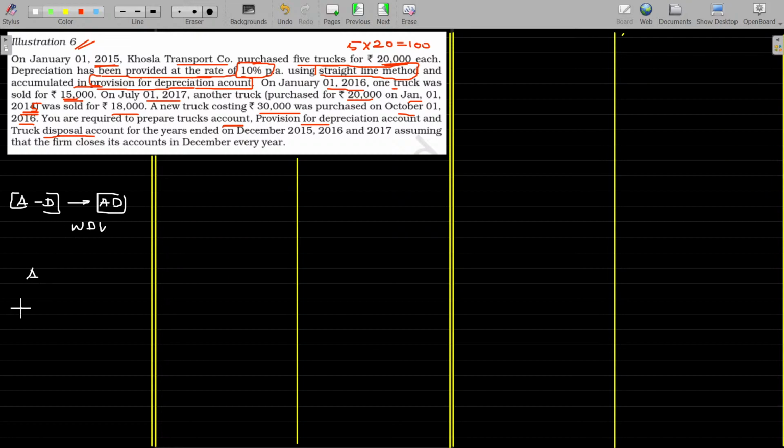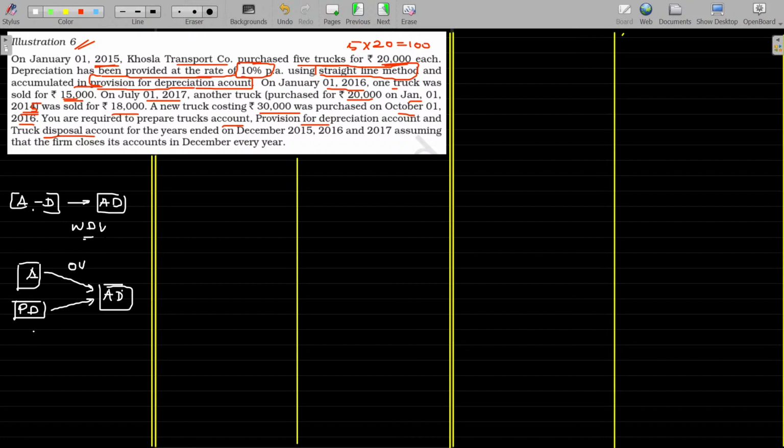When we have the asset as well as provision for depreciation separately prepared, if some of the assets are to be sold off, then asset disposal account is opened, where the asset is transferred to the asset disposal account, and provision for depreciation on the asset sold is also transferred from the provision for depreciation to asset disposal account. The asset transferred will be shown at original value.